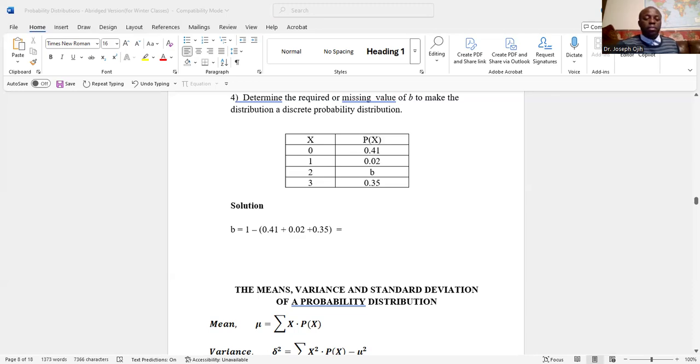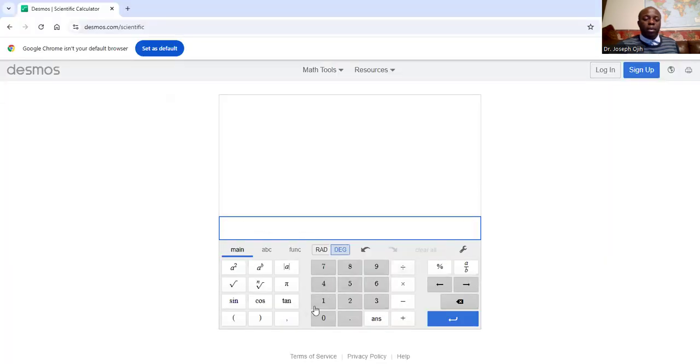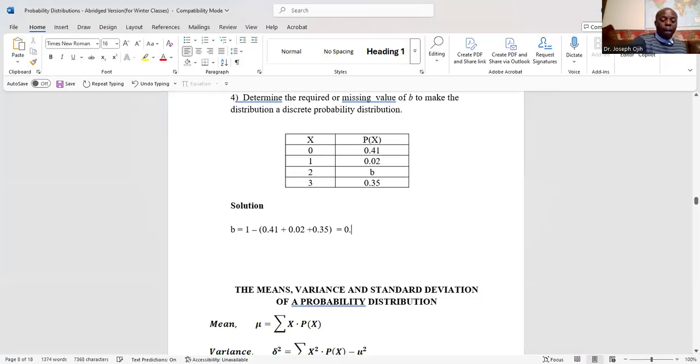Oh, I wasn't showing the calculator. Okay, let me do the calculator right here. Clear it. 1 minus 0.41 plus 0.02 plus 0.33 gives 0.24. So let's go and put it right there, 0.24. Question on that? Any question? No question. Good.